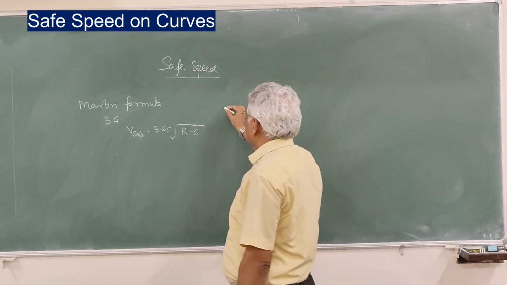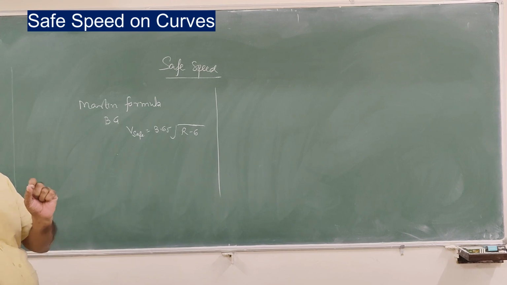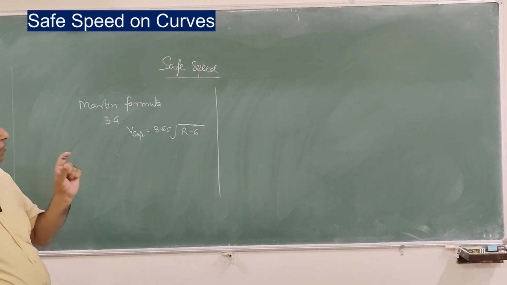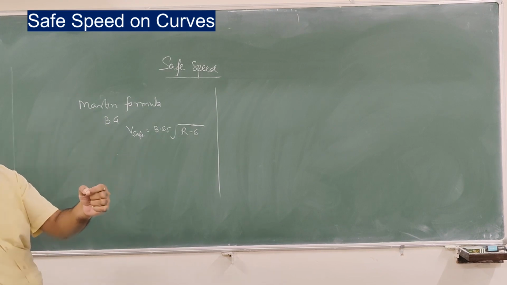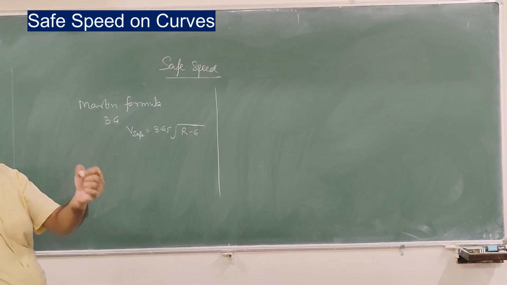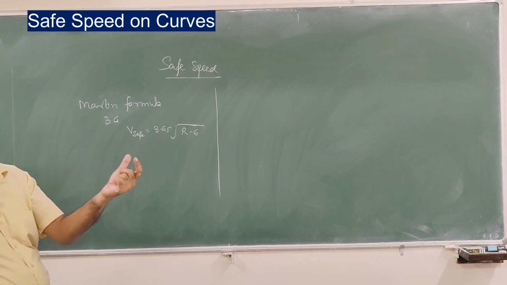Rather, the safe speed on Indian Railways is now calculated based on theoretical consideration. And theoretical consideration is that if you are providing a cant of CA and there is a permissible cant deficiency of CD, then CA plus CD will decide the safe speed.